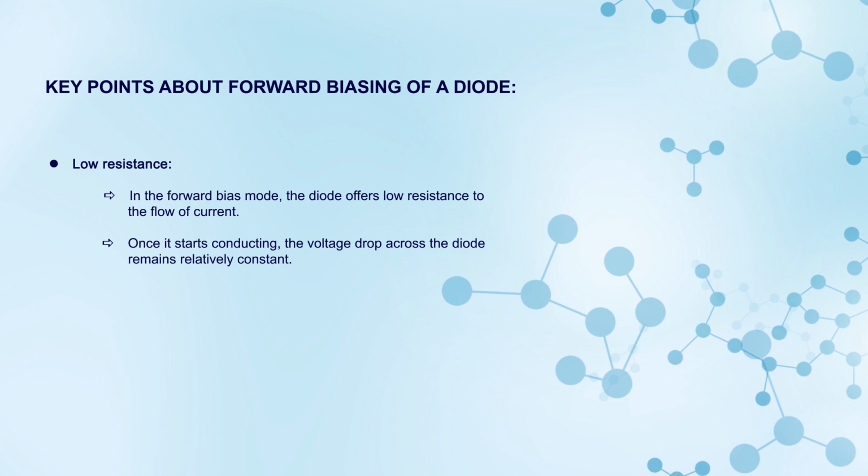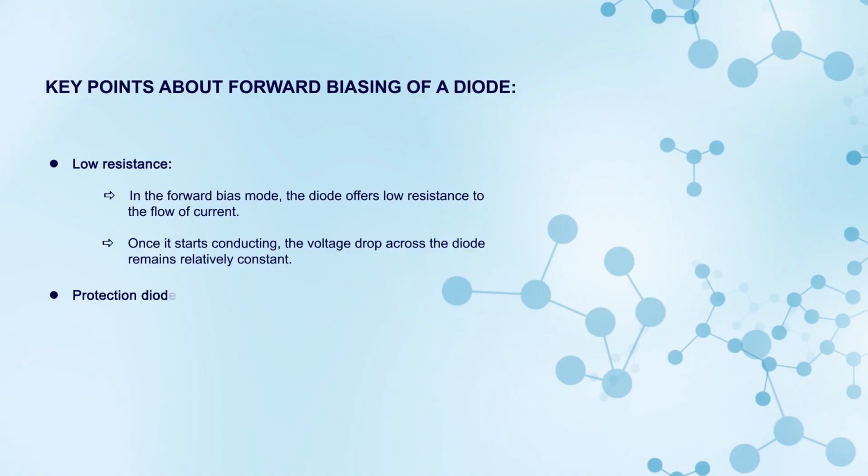Once it starts conducting, the voltage drop across the diode remains relatively constant. There is an appreciable voltage drop due to resistance in the diode, but that remains constant during the working. So, the rated current can flow from anode to cathode in the forward biased condition.